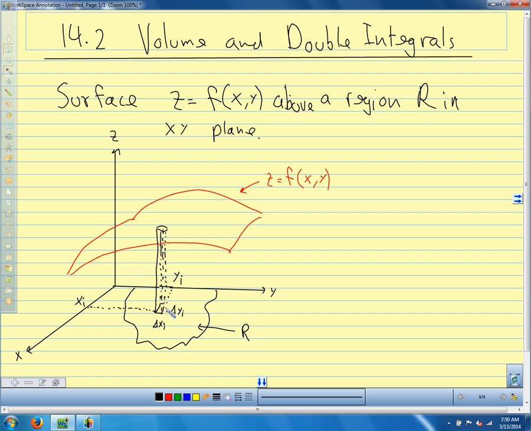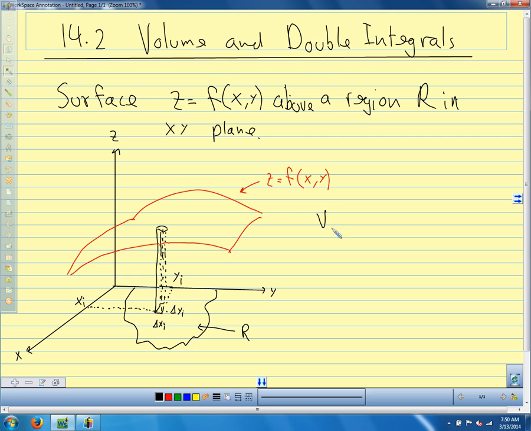So that's the area of the base of this approximately rectangular prism. And what we're going to do is sum the volume of these prisms over our region in the xy plane.